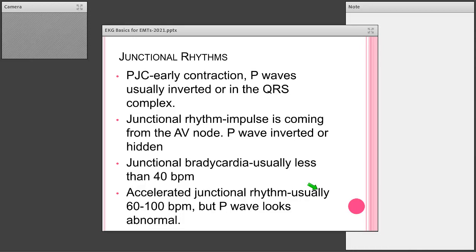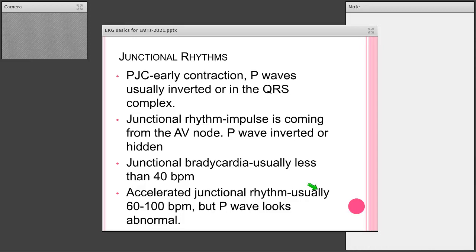And an accelerated junctional is the right rate, 60 to 100, but the P waves don't look like they should. They can be either inverted, so pointing down, or they can be missing because they're in the QRS complex.